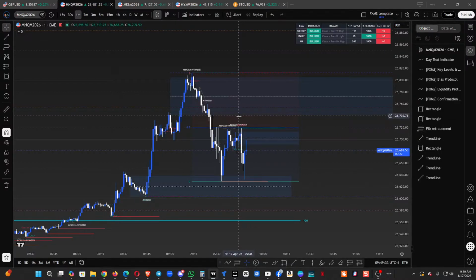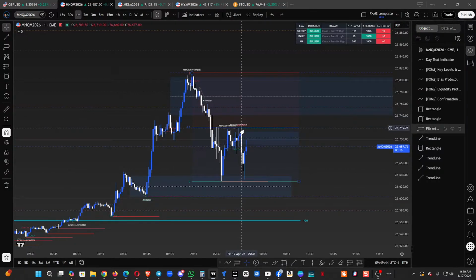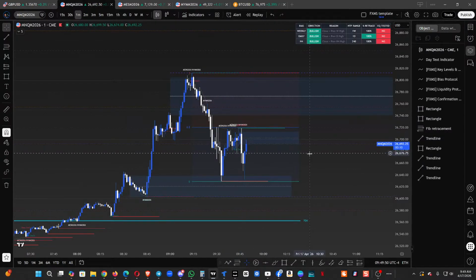This high is 719.25, and this one is, wait, that's not right. Yeah, that is 719. Okay, so this almost got there, half or one tick away, but didn't quite get higher. Let's see if we reject this 700 level.